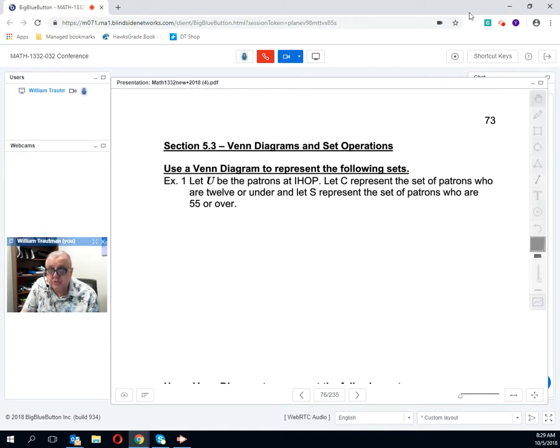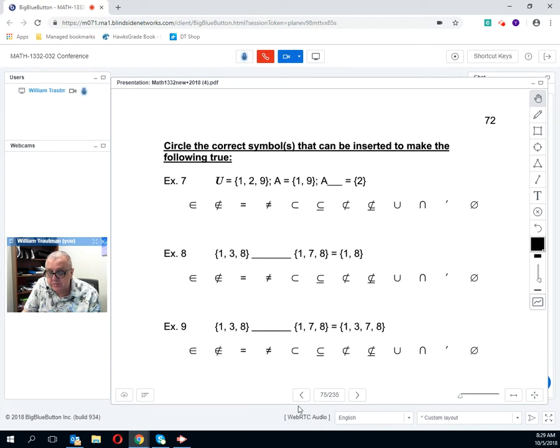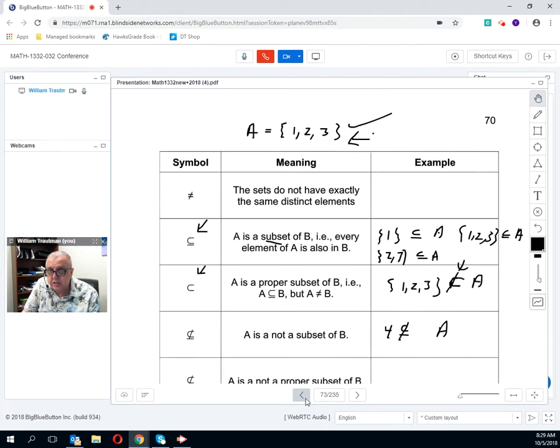And that's 5.2, just the definitions. That was pretty quick. The main thing I wanted you to get out of 5.2 was the difference between a subset and a proper subset.